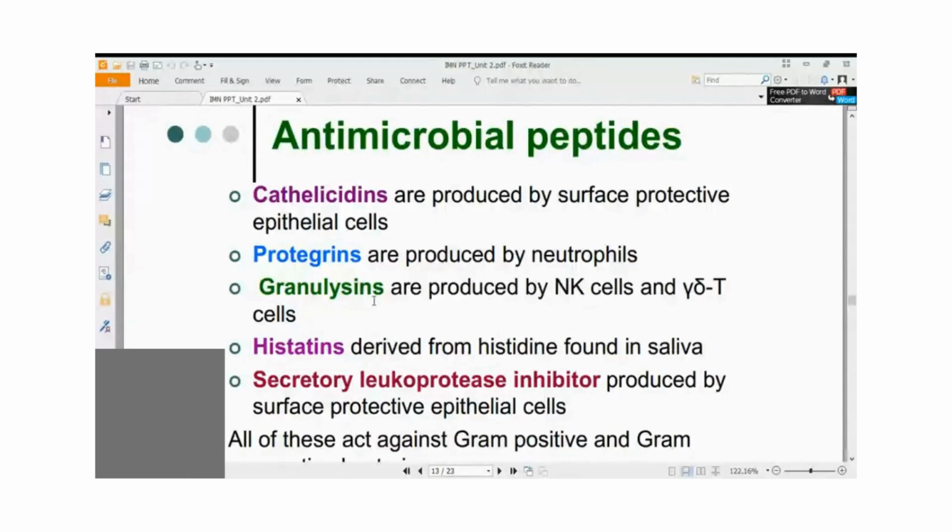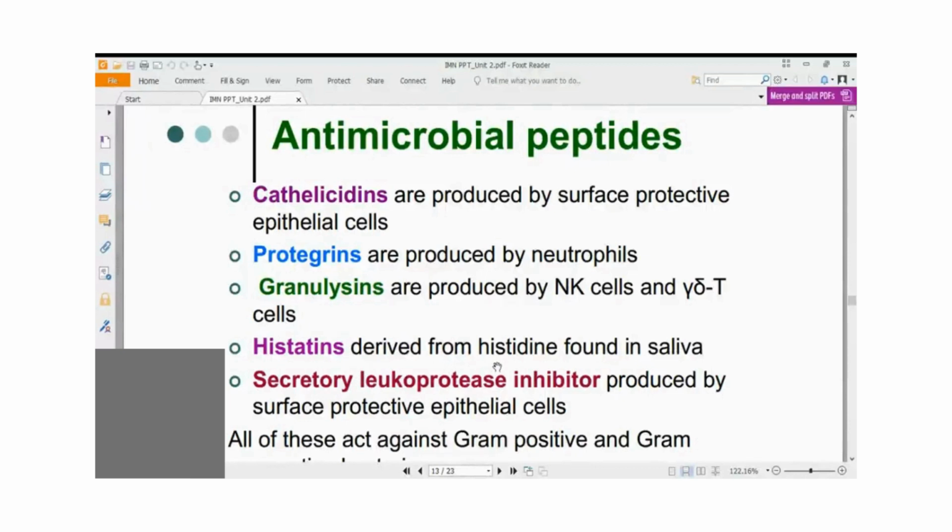These perforins are inserted into the bacterial membrane, and the granulysins are emptied into the cytoplasm of the bacteria, with the result that the bacteria is lysed. Once again, granulysins are also small peptides.